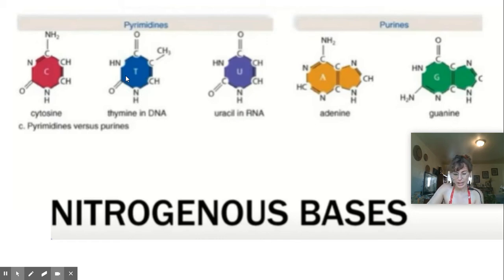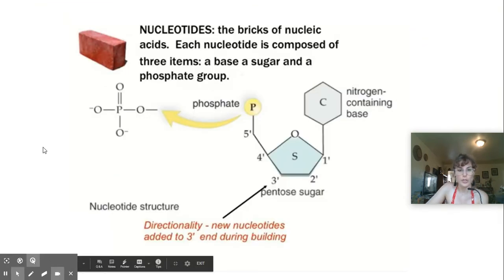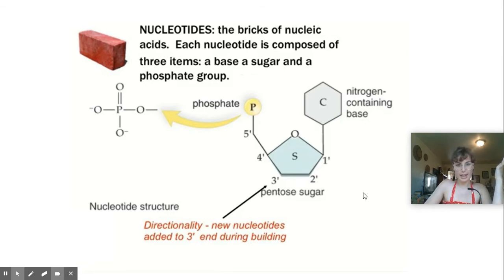So now let's talk about how the 2 nitrogenous bases bond together to start to build our double helix. All right. So let's just check. When I present this nucleotide to you and you see that nitrogenous base right here, cytosine, is it single ringed or is it double ringed?